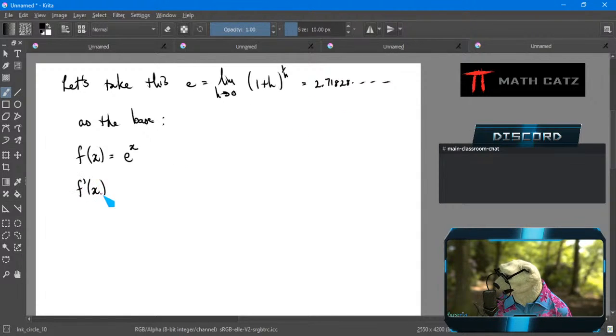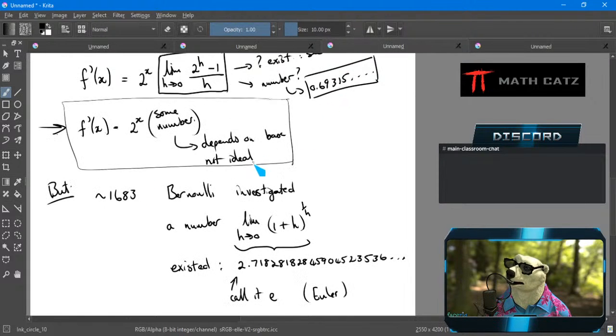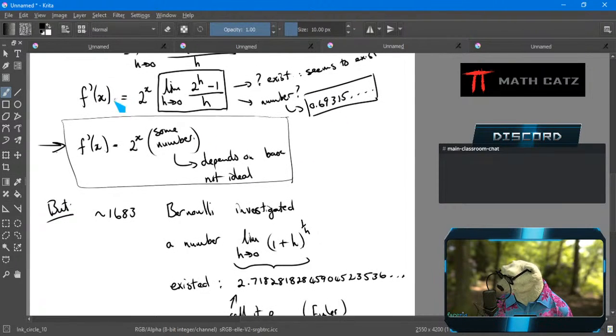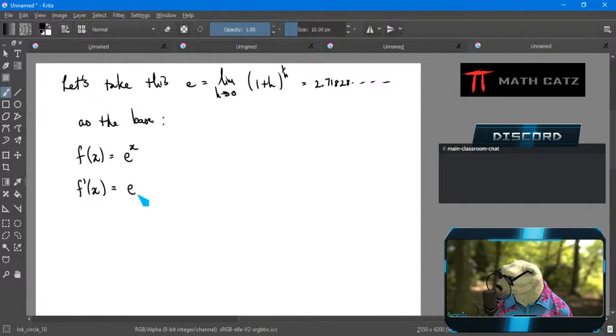Now, following the same situation, I would get to this point, this arrow here at the top. I would follow the same limit definition, and I would get e to the x times the limit as h goes to 0.